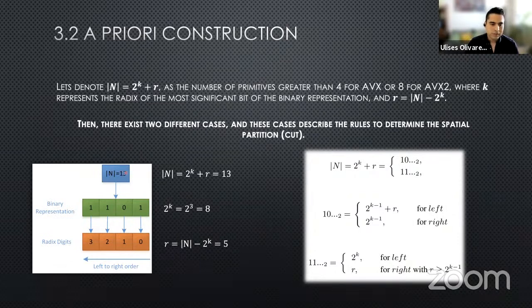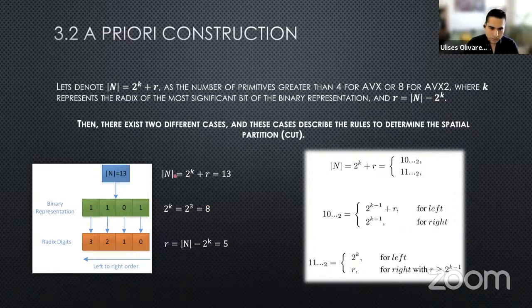So we're going to use the binary representation for that number 13. In this case, we're going to have this binary representation in a left-right order. So we're going to extract all the radix digits, and those radix digits will indicate how many polygons we're going to assign for the left node, and how many primitives we're going to assign to the right node.